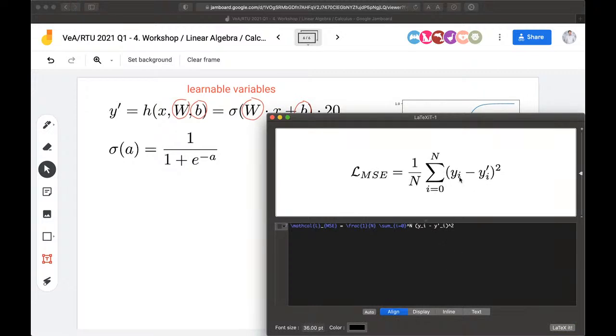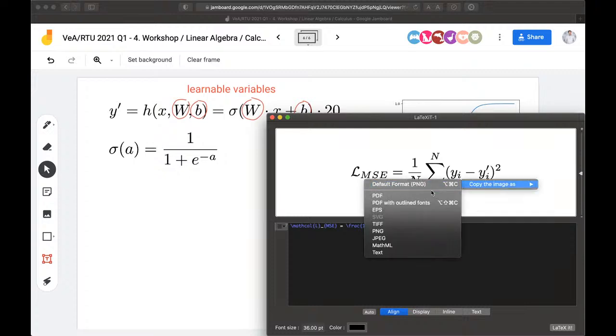In this case, the i could be all of our samples, because we could look at all of our samples together in one batch. So basically, we will not look at each sample separately, but we can look at all of our samples as a vector, right? And calculate the mean square error for all our samples in one go.